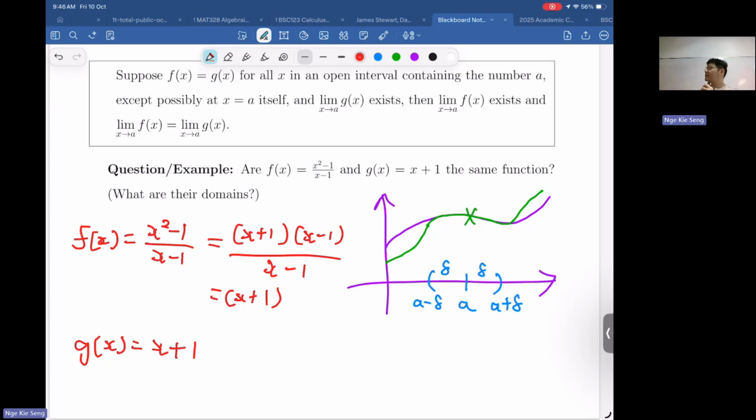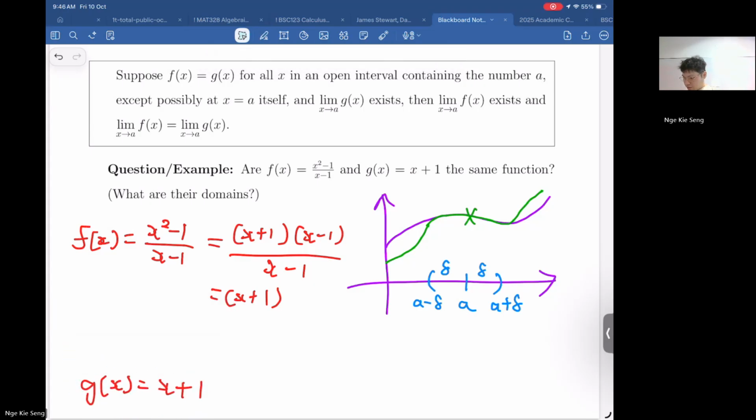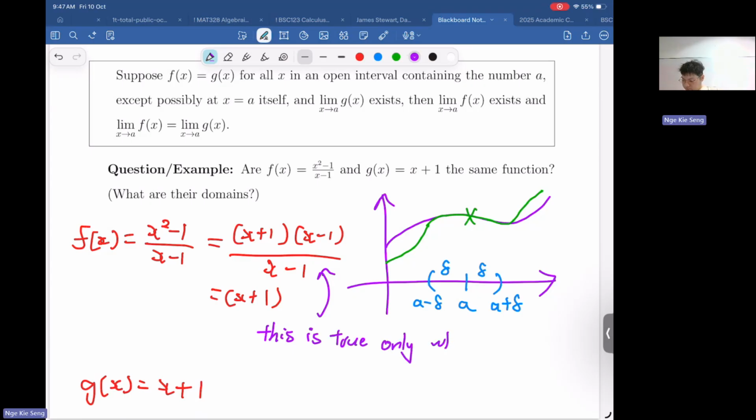If you still remember the comment I told you last time, when you are doing this cancellation, when can you do it? Actually, this is true only when x is not equal to 1.